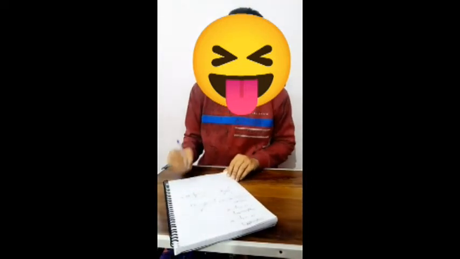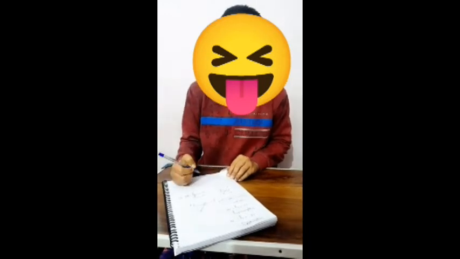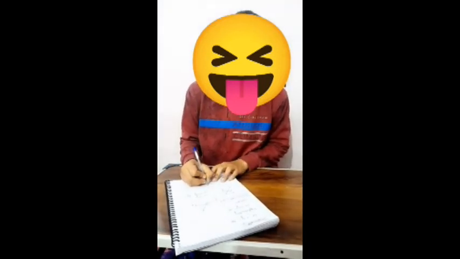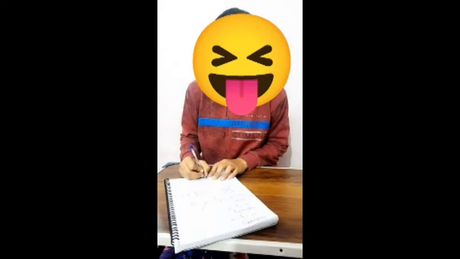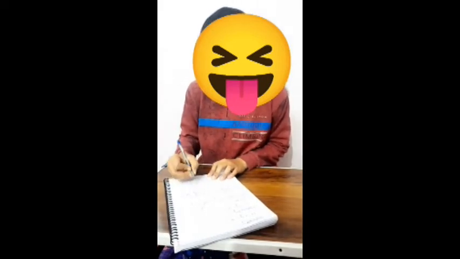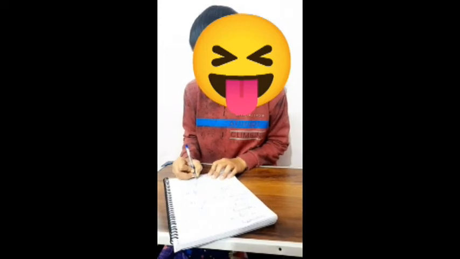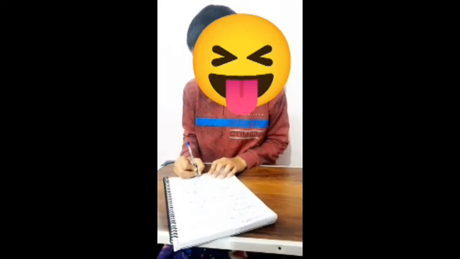Now I'll be making a general figure and will be explaining more of the angles. Like these are two parallel lines that are being cut by a transversal. And now I'm naming these angles as angle 1, 2, 3 and 4, and here is angle 5, 6, 7 and 8.